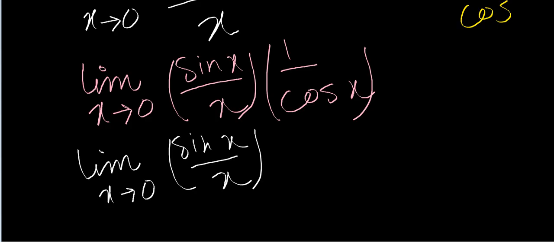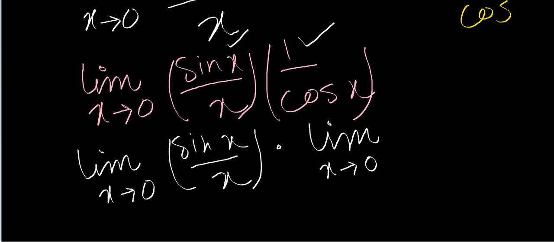We can apply the limit separately because this is the rule: when two functions are in multiplication, we can apply the limit separately, like this function and this function. These are the two functions, and you can apply the limit separately. You have to remember this rule throughout your life. So, limit x tends to 0, 1 over cos x.